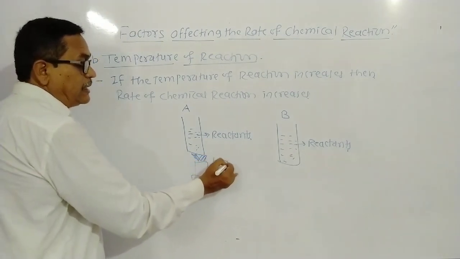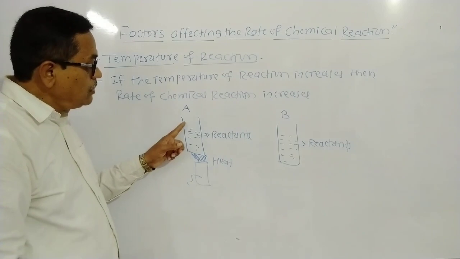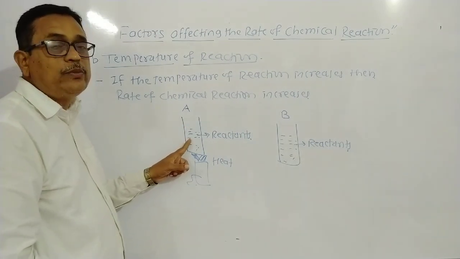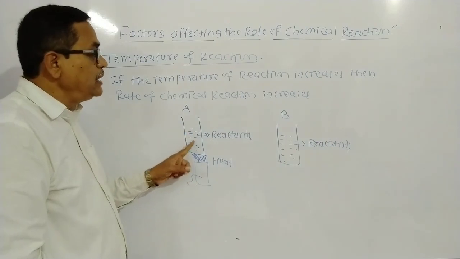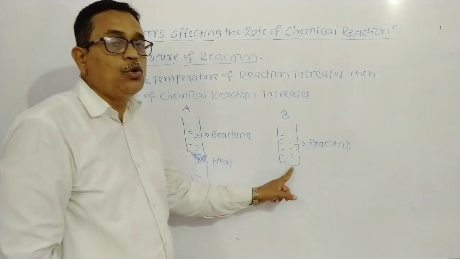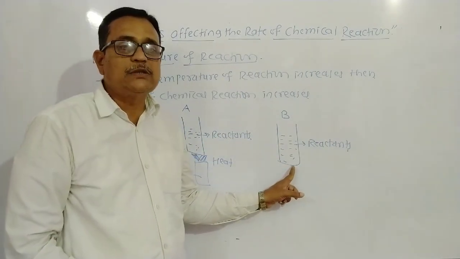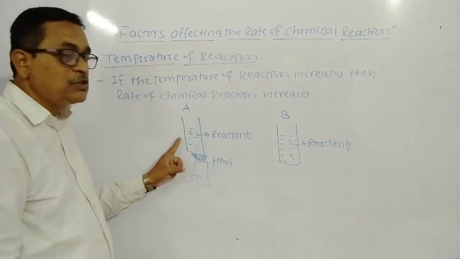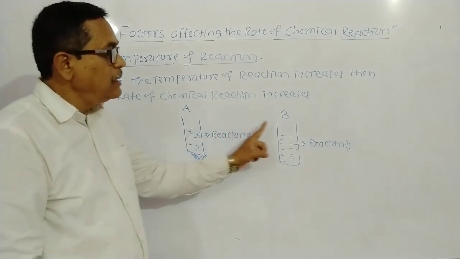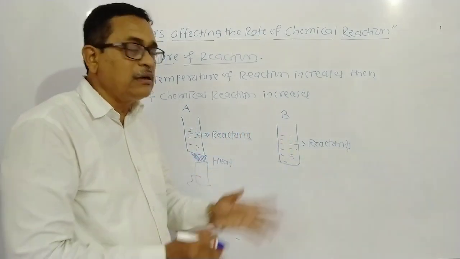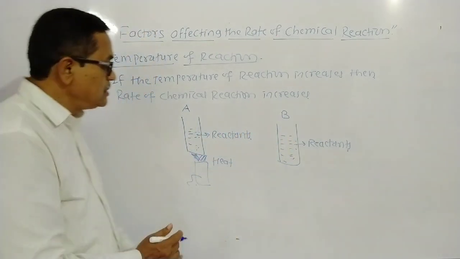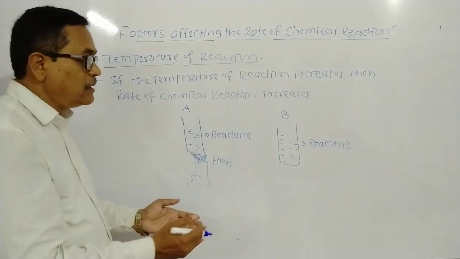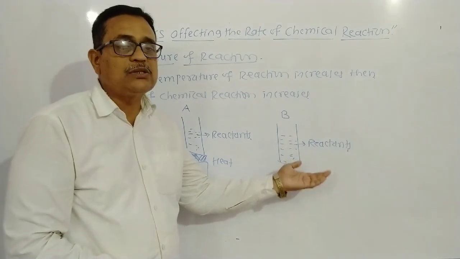We provide heat energy, means in test tube A the temperature of reactant is increased. In test tube B, there is no heat provided by a gas burner. Hence, the temperature of reactant in test tube A is greater than the temperature of reactant in test tube B. Hence, the speed of chemical reaction in test tube A is greater than the speed of reaction in test tube B.